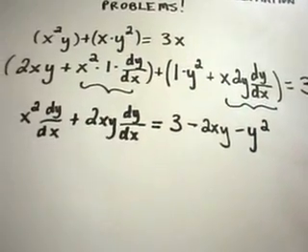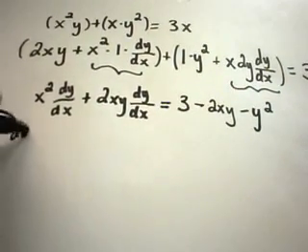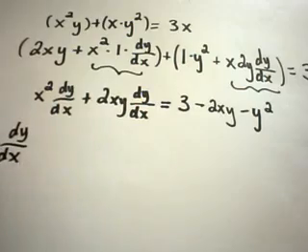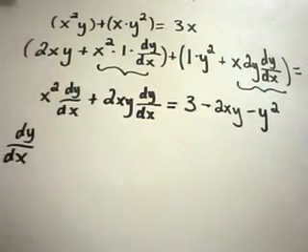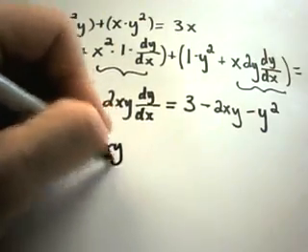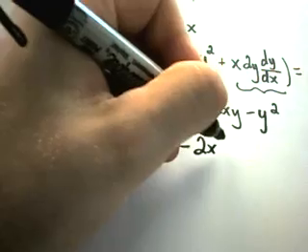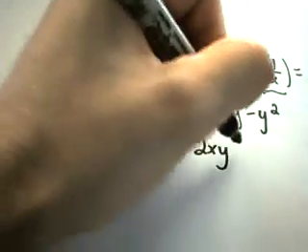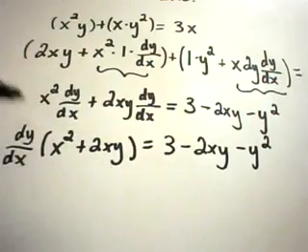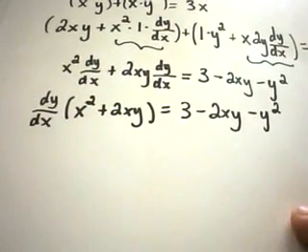Again, now we're basically back to this procedure where you simply factor out the dy dx term on the left side. So I've got my dy dx. I can factor out the x squared plus 2xy, leaving the right side alone, 3 minus 2xy minus y squared, and then I simply divide through by what's left on the left-hand side.